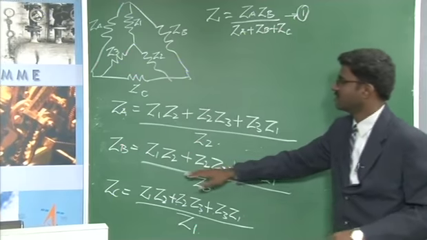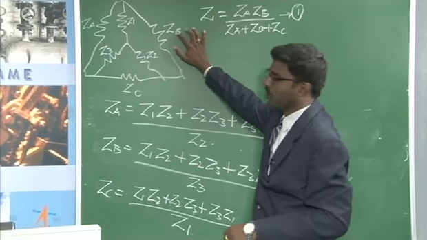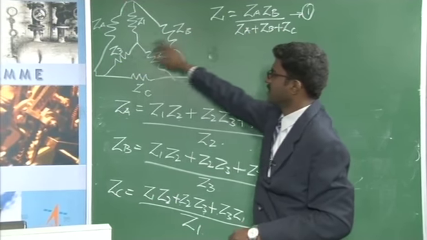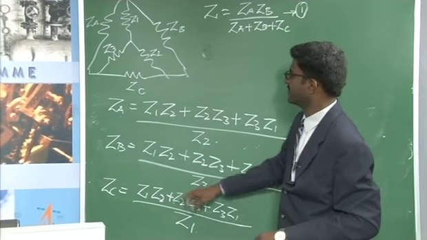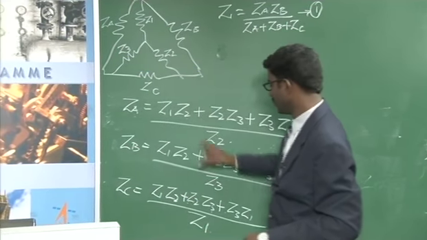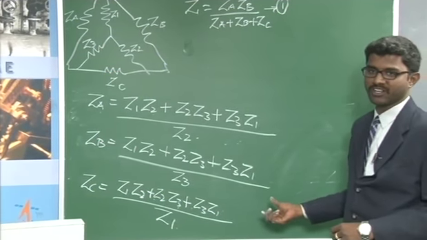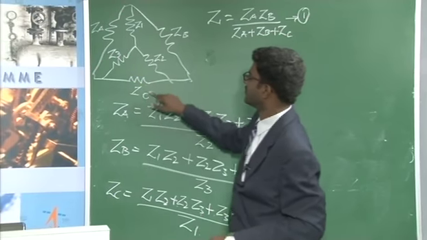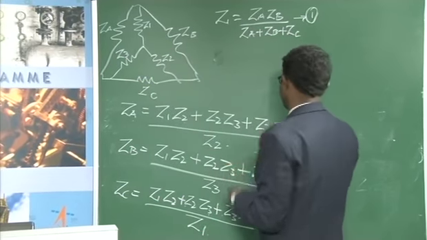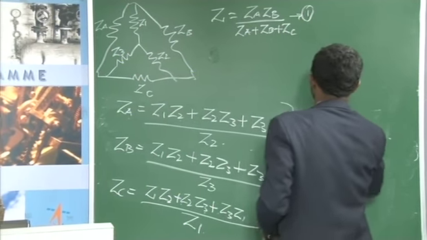Similarly, for ZB the numerator is once again the same, and the denominator will be the opposite impedance, Z3. Similarly, ZC has the same numerator, the summation of two possible combinations of your resistors, divided by the opposite resistance. The opposite resistance for ZC is Z1. This is how we convert a star to delta network.